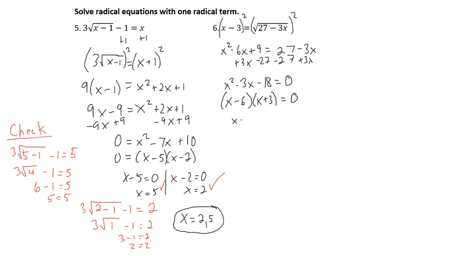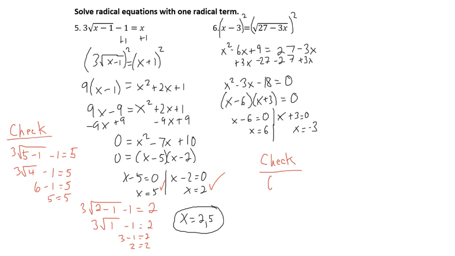Set each factor equal to 0. X minus 6 equals 0, x plus 3 equals 0. And then that gives us x equals 6 and x equals negative 3. Now, of course, this is a radical equation, so we definitely need to check that one. So let's check x equals 6.